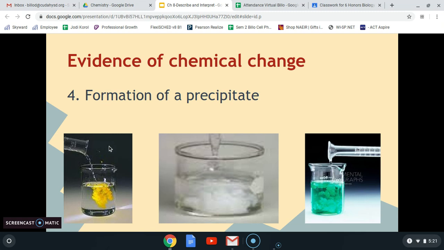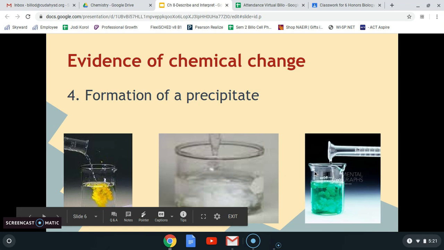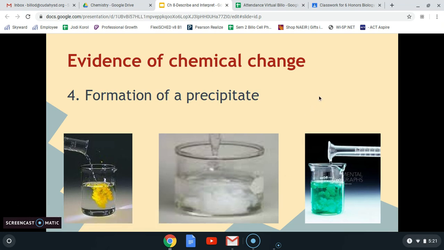But what you're seeing form here is a yellow salt called lead(II) chromate. And that will not dissolve in water, so it forms this cloudy yellow mixture that will eventually settle to the bottom. So these are just different examples of mixtures that form cloudy precipitates. So when you look for evidence of a chemical change, ask yourself, in a certain circumstance, could you identify one of these four forms of evidence?